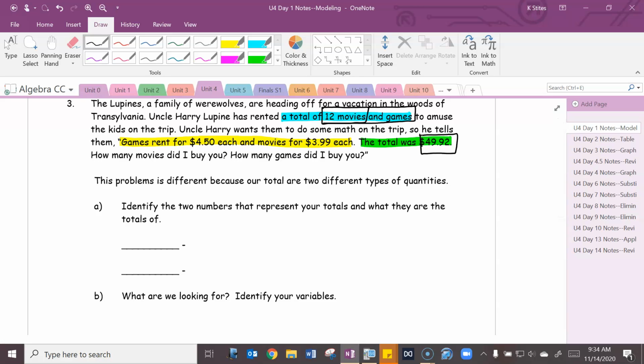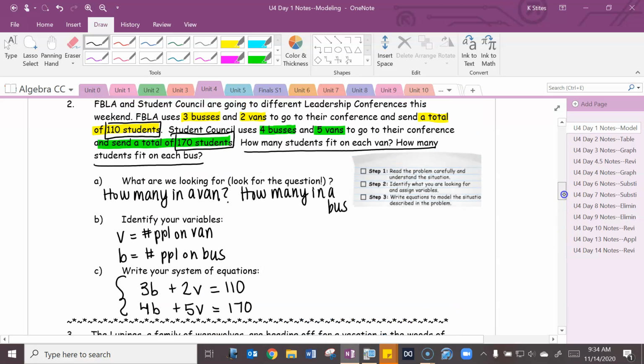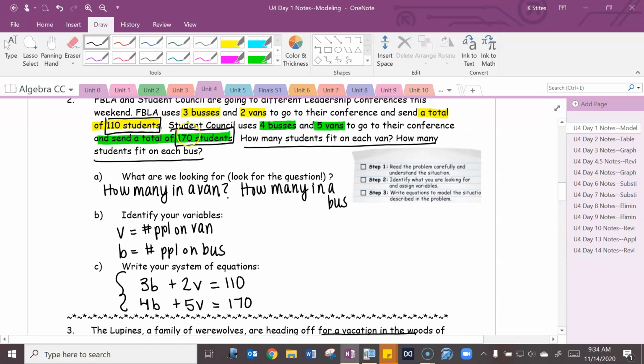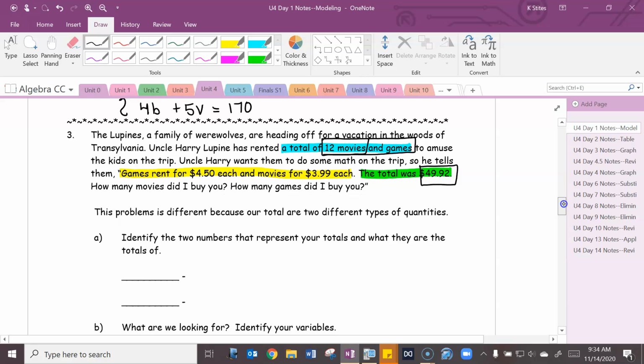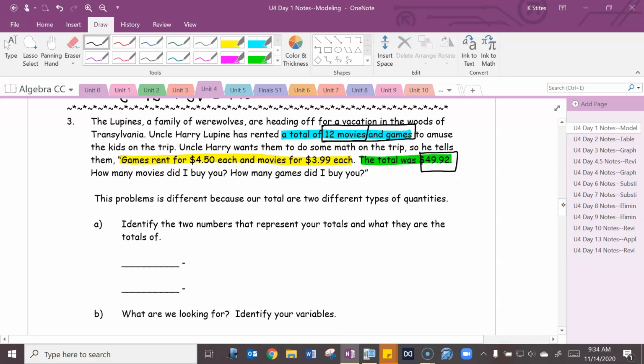This problem is different because our totals are 2 different types of quantities. Before, with the problem above, your totals were both talking about the number of students, but here our totals are different. So identify the 2 numbers that represent your totals and what they are totals of. The first total is 12, and 12 is the number of items bought, the number of movies and games.